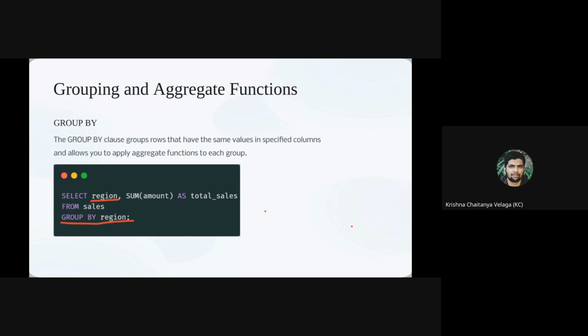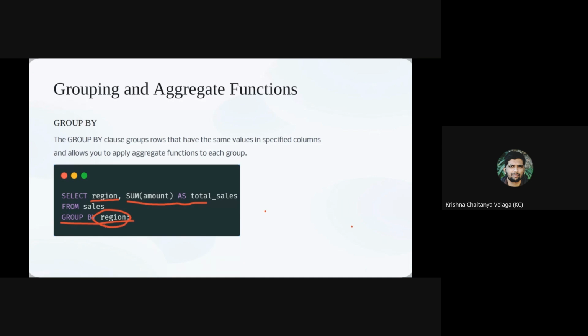So if you put region here and then do sum, but then don't put the region in group by, what will happen is it will throw an error that you didn't specify the grouping function, because it should know how to group the sum. Sorry, if I want to also group, maybe I want region wise, product wise, total revenue, what I can do is add the product here, and then I would also add the product in the group by.